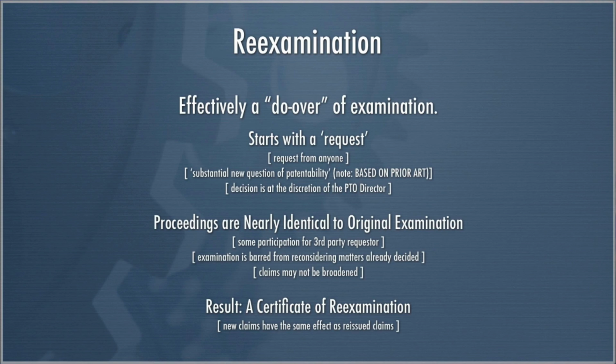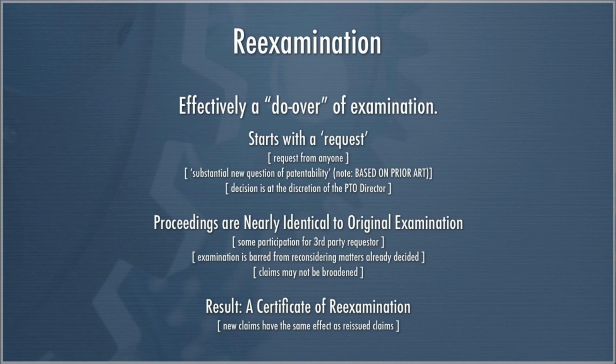Right. And the decision whether or not to re-examine a patent is entirely at the discretion of the director, who is supposed to issue a decision. If the reexamination request is granted, then effectively it goes into a do-over of examination. Right? It's not quite a do-over because there are a few things that are different.